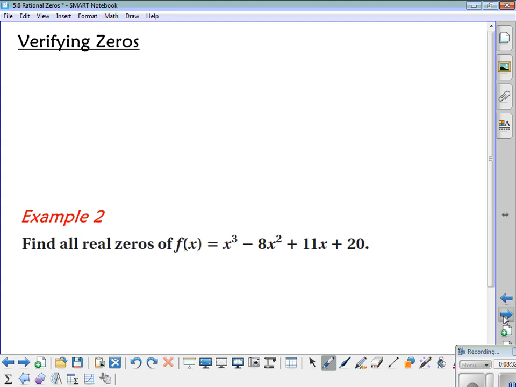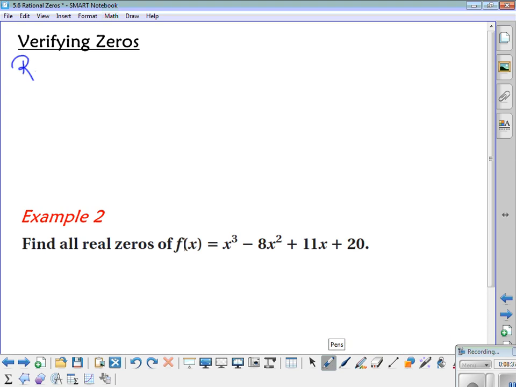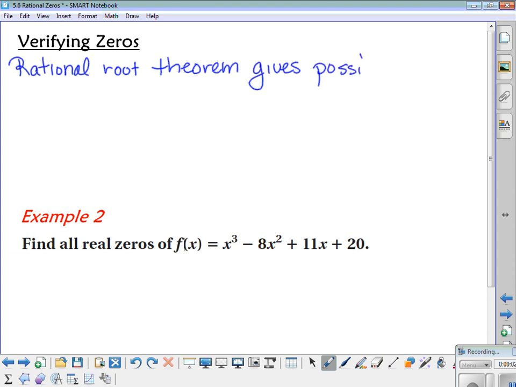So the rational root theorem gives possible roots, or zeros. Okay, but that's only possible ones.